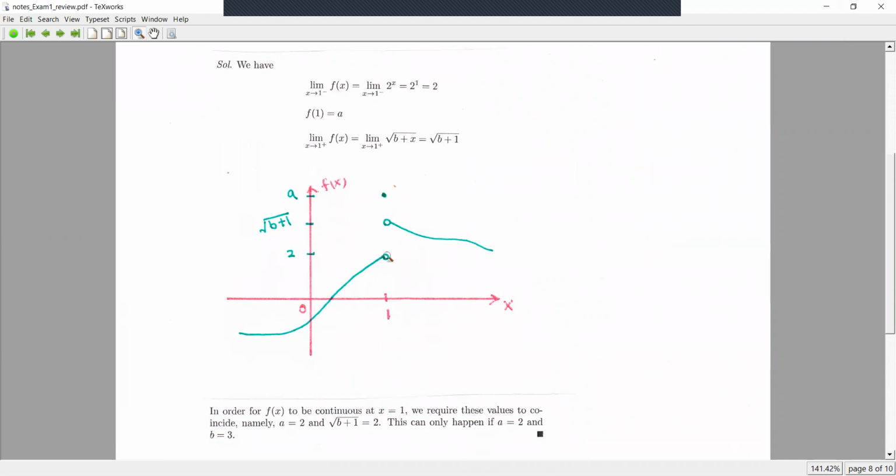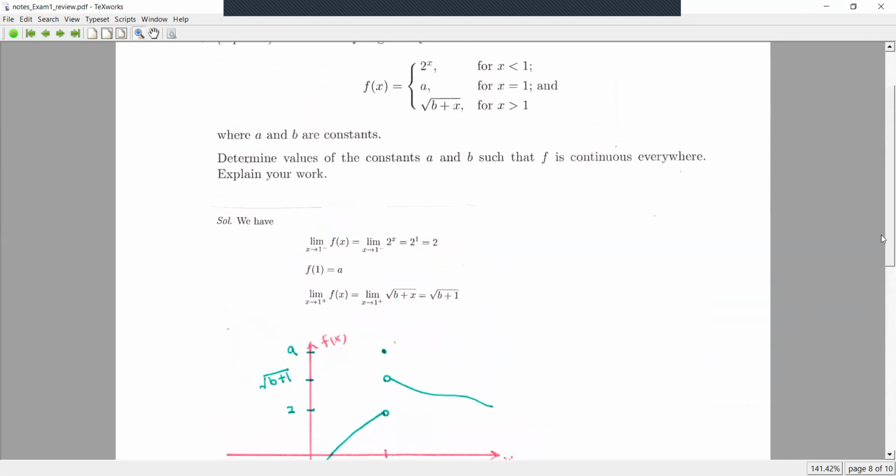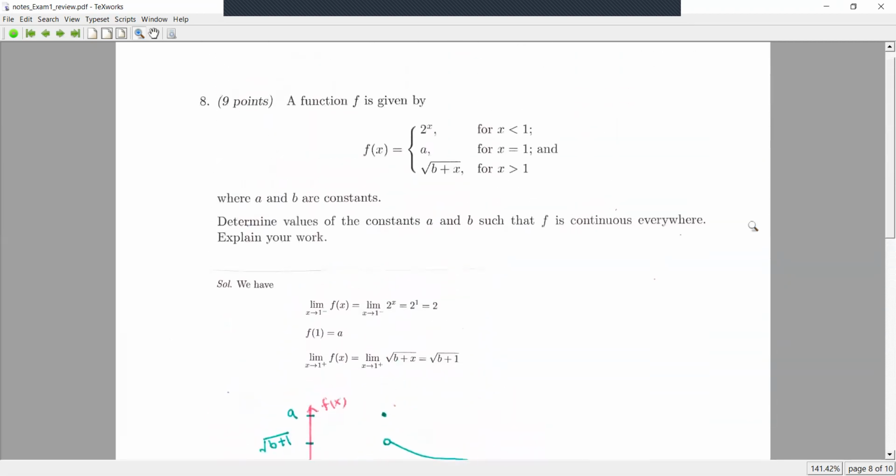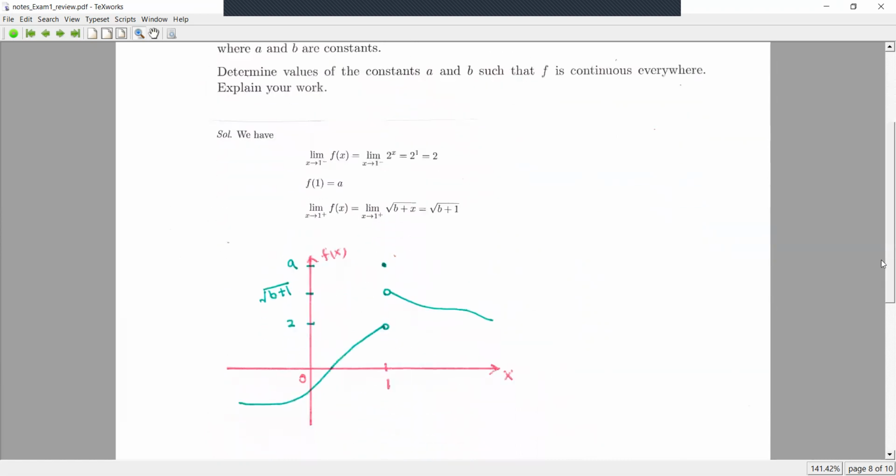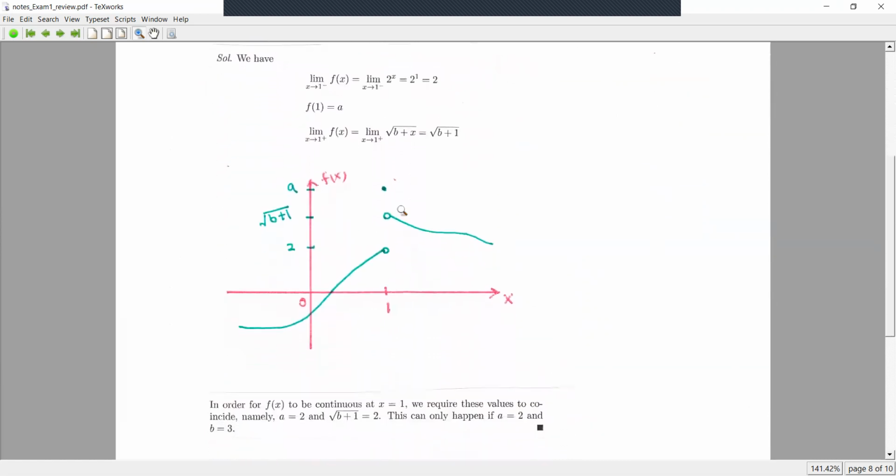The height of this point is 2. The function value at 1 is a. This is from the definition of the function. When x is 1, the function value is a. Suppose this solid point is a.